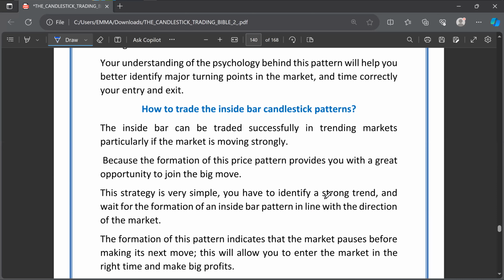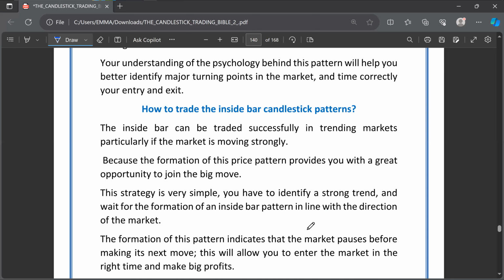So how do you trade the inside bar candlestick pattern? The inside bar can be traded successfully in trending markets, particularly if the market is moving strongly, because the formation of this price pattern provides you with a great opportunity to join this big move. No problem, this strategy is very simple.